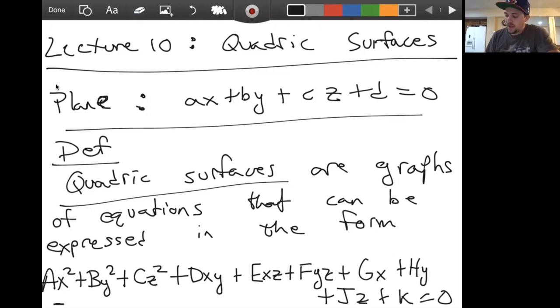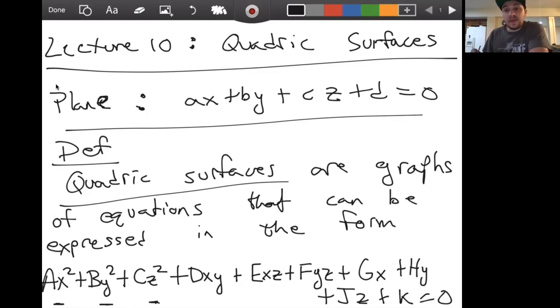Here we have a variable squared. Here we have a variable squared, variable squared. Here we have one variable times another, but we're only taking the product of 2 variables, right? So this multivariable polynomial has max degree of 2, which is why we say it's a quadric surface.